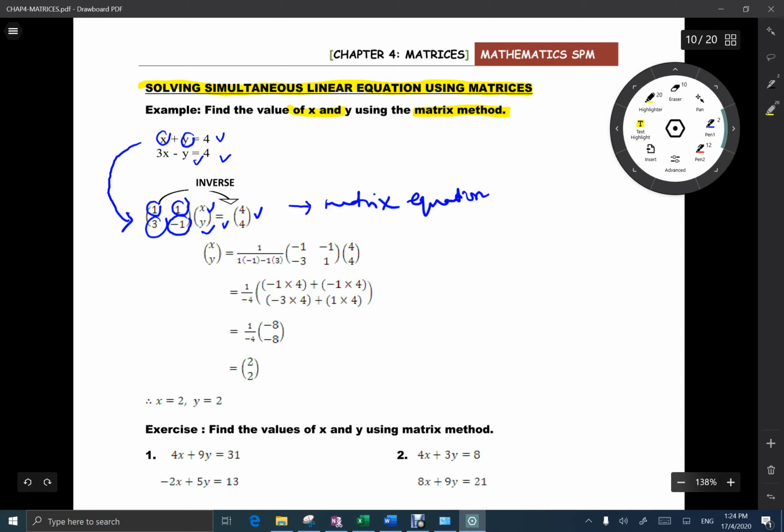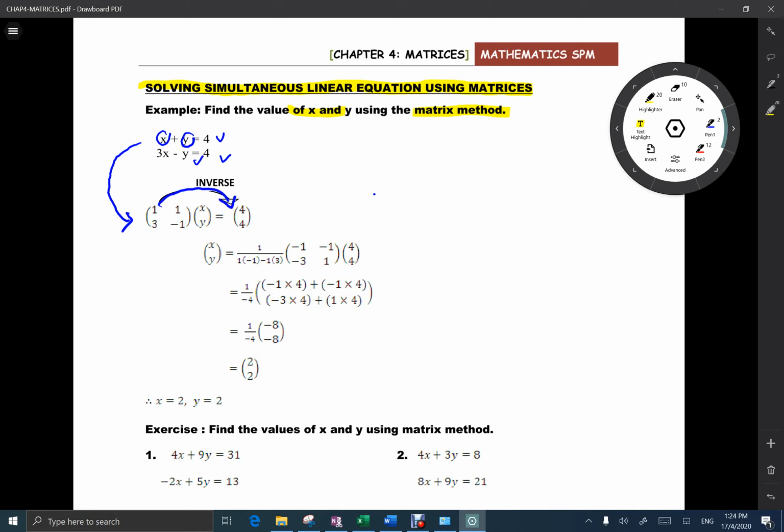Okay, now second step, you need to do inverse matrix. Now I delete this first. Now x, y. So you need to bring this matrix to your right hand side.